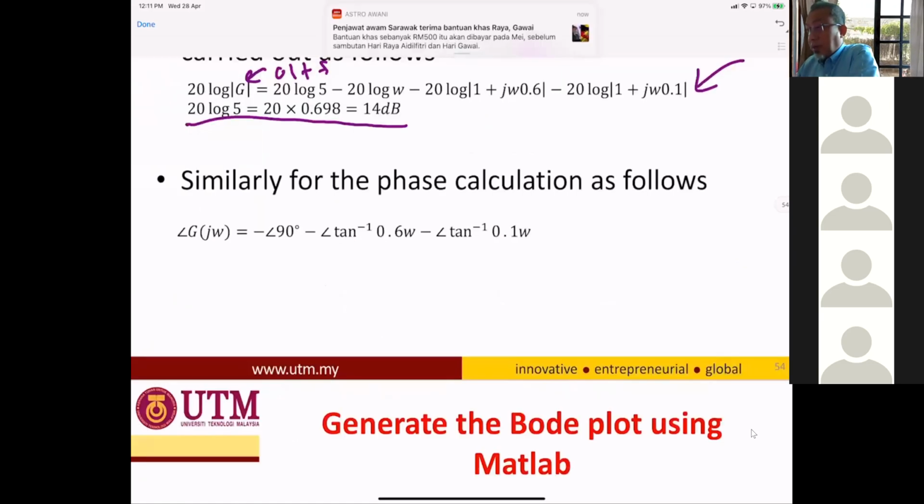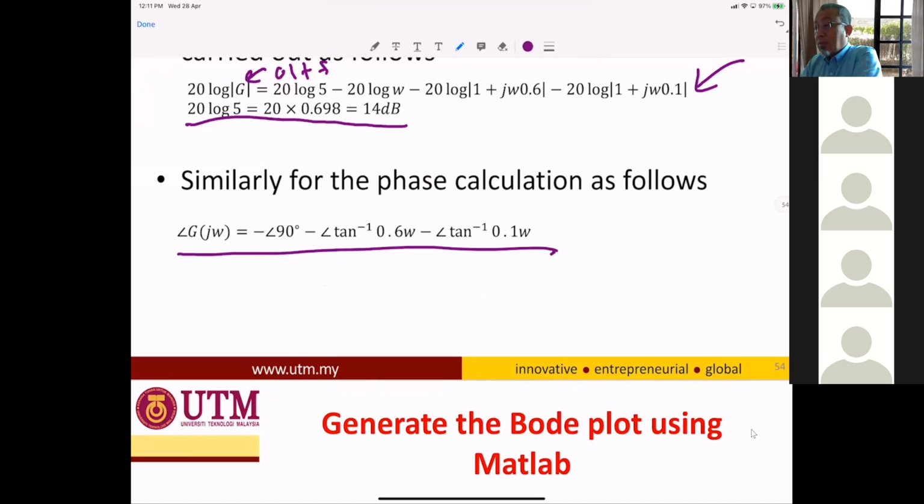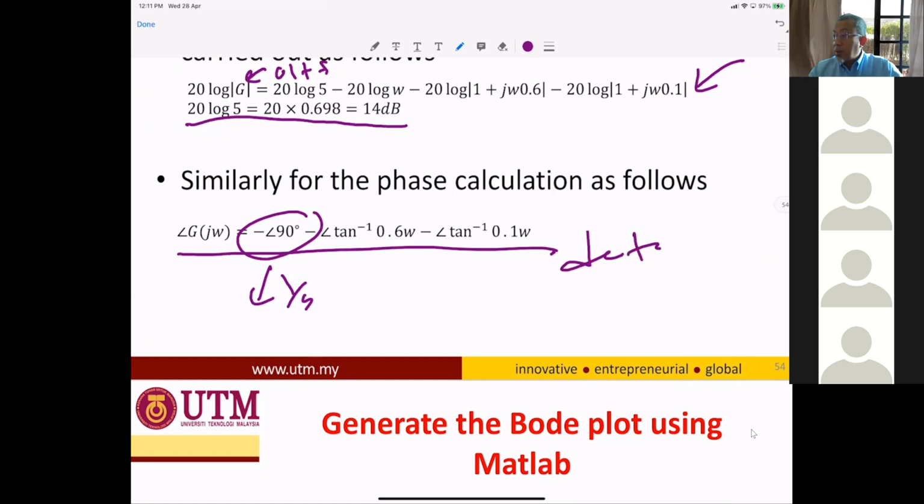Similarly, the phase calculation is minus 90 degrees for the 1 over S term, minus arctangent 0.6 omega and minus arctangent 0.1 omega, which gives you the phase in degrees.